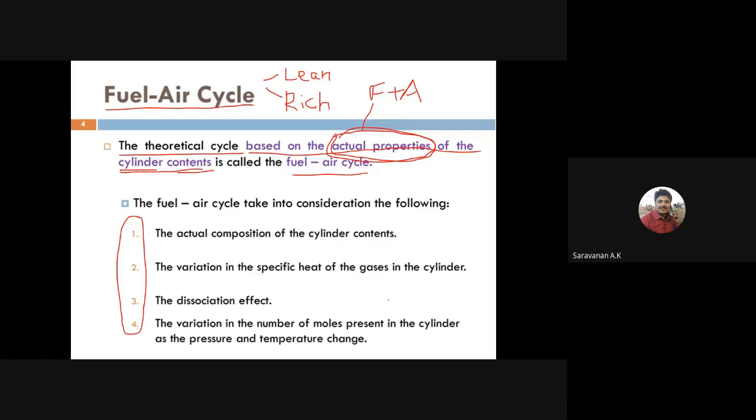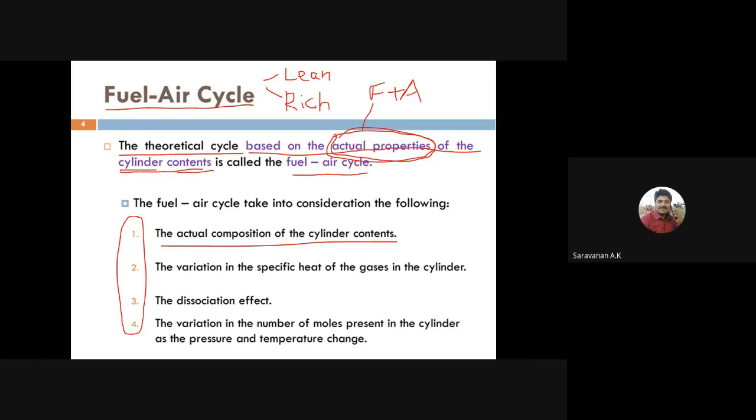So what are the factors which may be considered in a fuel air cycle? The first one is the actual composition of the cylinder contents. The cylinder gases contain fuel, air, water vapor, and some residual gases, right?